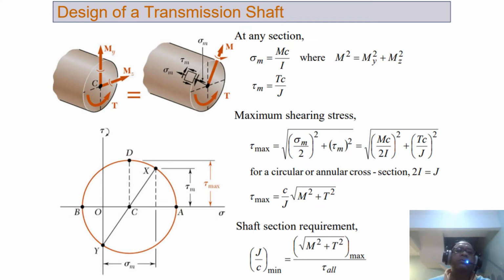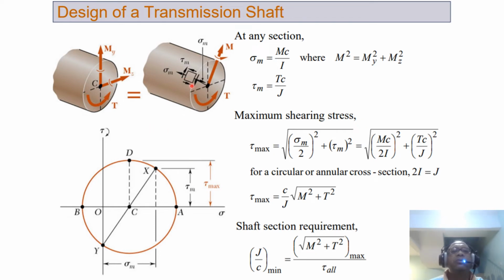So if you design a transmission shaft, at any section you are subjected to torque. You have moment about the z-axis, and you have moment about the y-axis. Now it's vector representation.